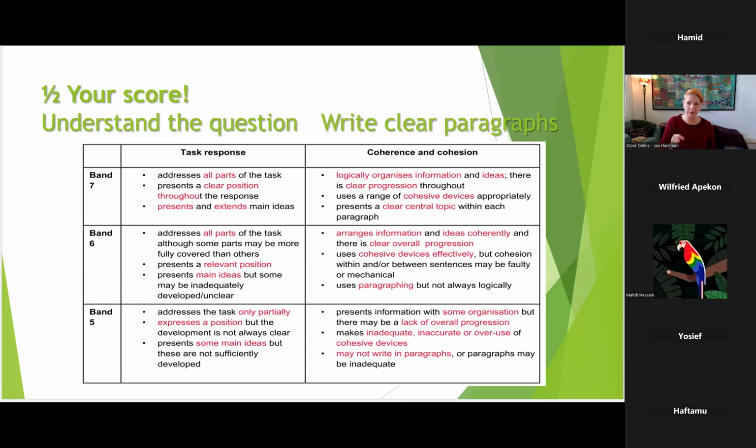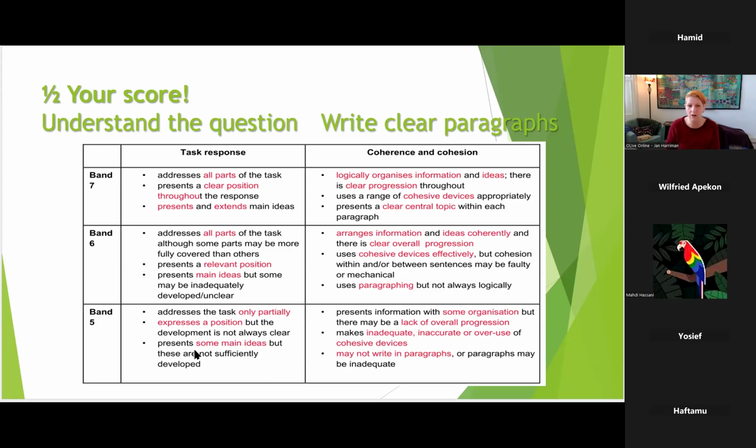If you do not plan your answer, if you simply say, oh, I know what I'm going to write, and start writing, you will not get above a band 5 on the writing. I don't usually speak in absolutes, but this is an absolute, and here's why. If you start writing without a plan, look at this: only partially addresses a position.